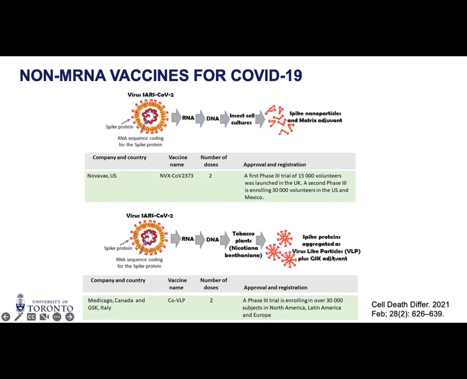We also include GSK adjuvant in the mixture to boost immune response, and this mixture is injected into the individual in 2 doses. This technology is pretty unique because no plant-based vaccine has entered the commercial level till now. So we will go through the mechanisms for these 2 non-mRNA vaccines in more detail in the following slides.